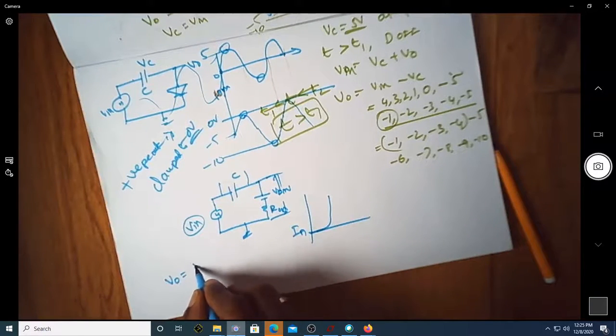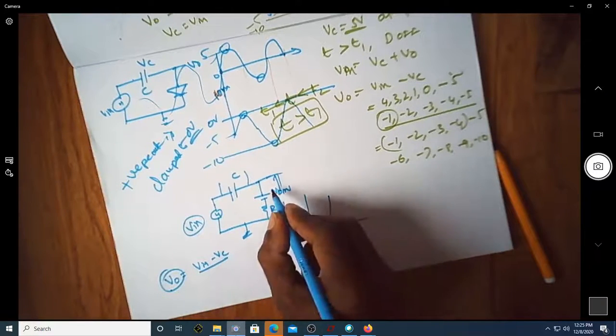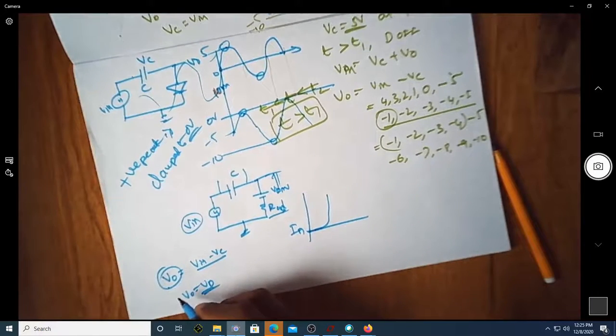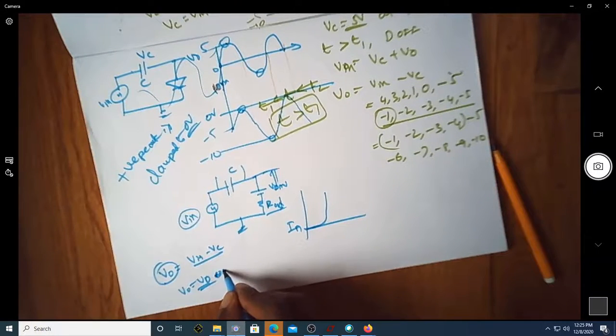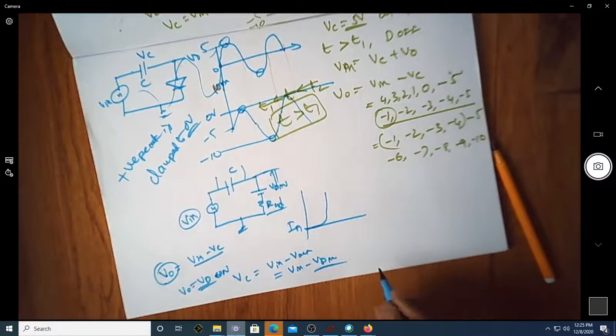V out is nothing but V in minus Vc, because V out when the diode is on is always equal to VD on. So Vc is equal to V in minus V out, which is nothing but V in minus Vd on.